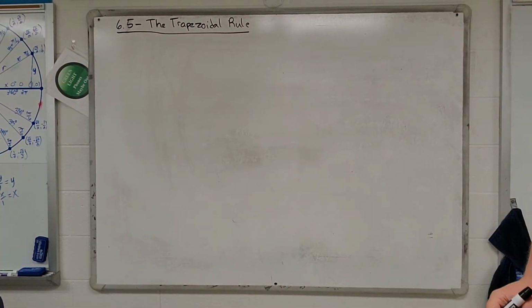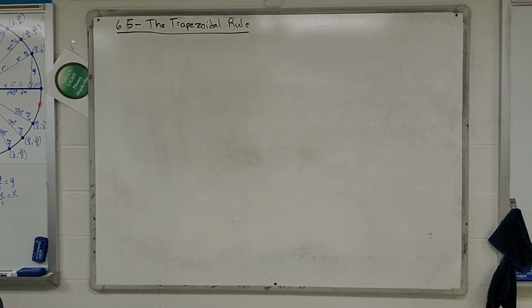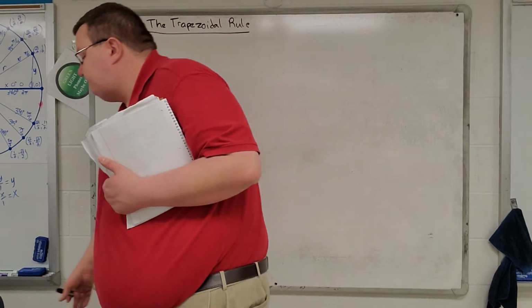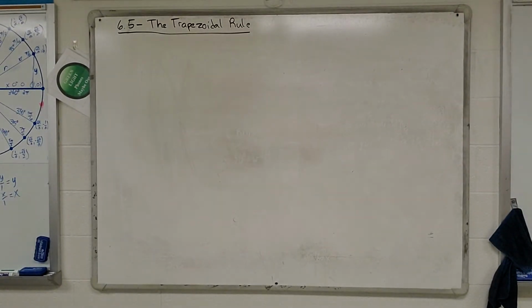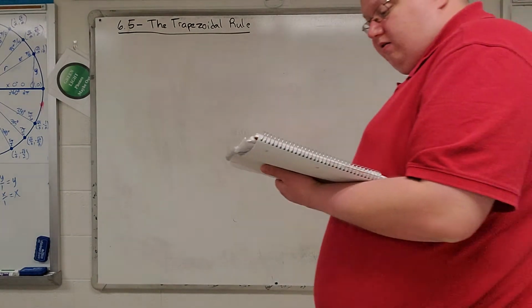So previously we've used rectangular approximation methods to help us find the area under the curve. Today we're going to use trapezoids to approximate integrals.